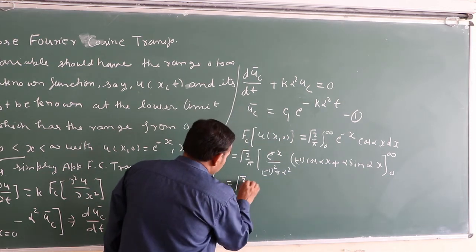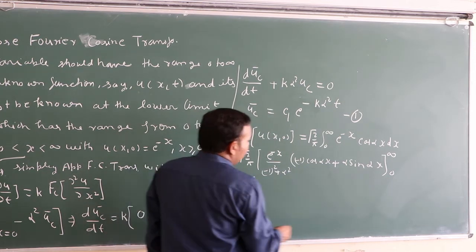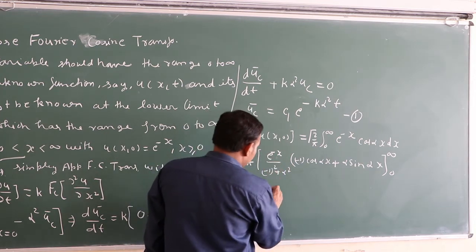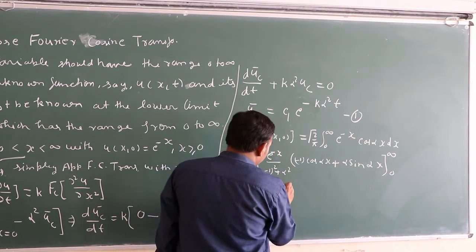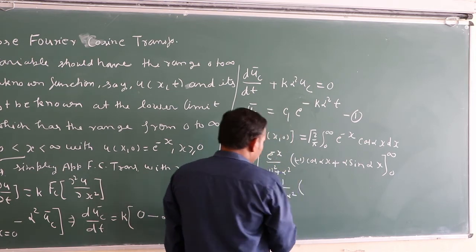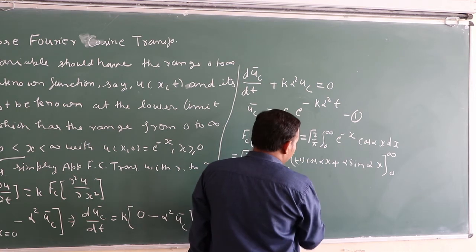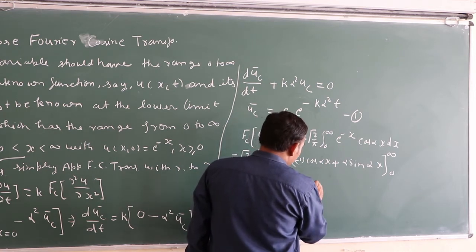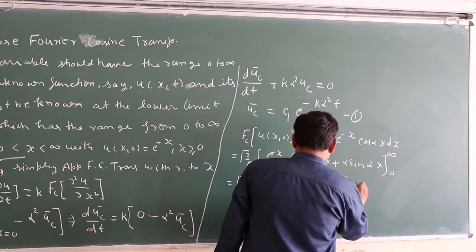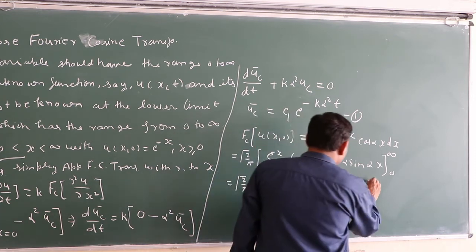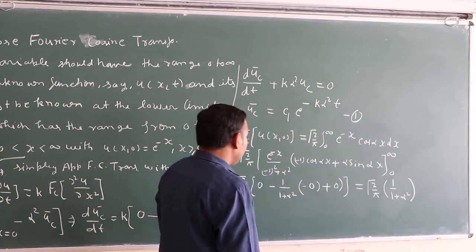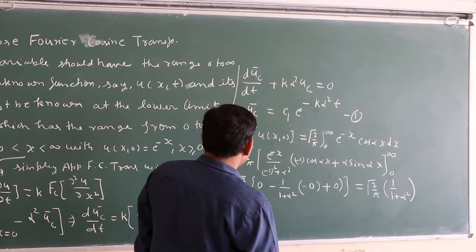As x goes to infinity, this term goes to 0, and for the lower limit we get 1 upon 1 plus alpha squared, since cos 0 is 1 and sin 0 is 0. So finally we get square root of 2 upon pi times 1 upon 1 plus alpha squared.